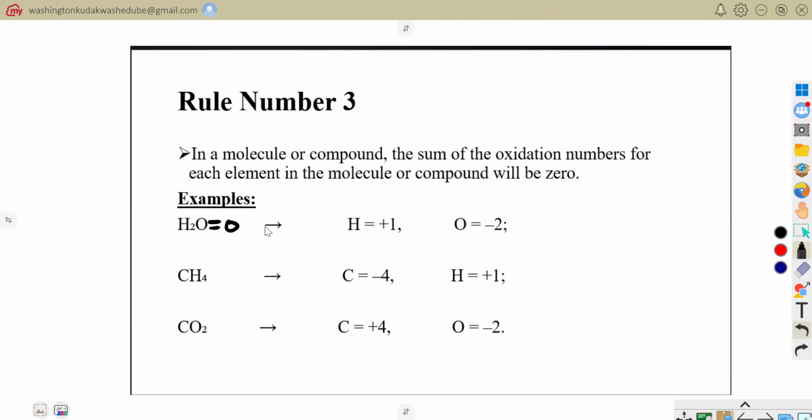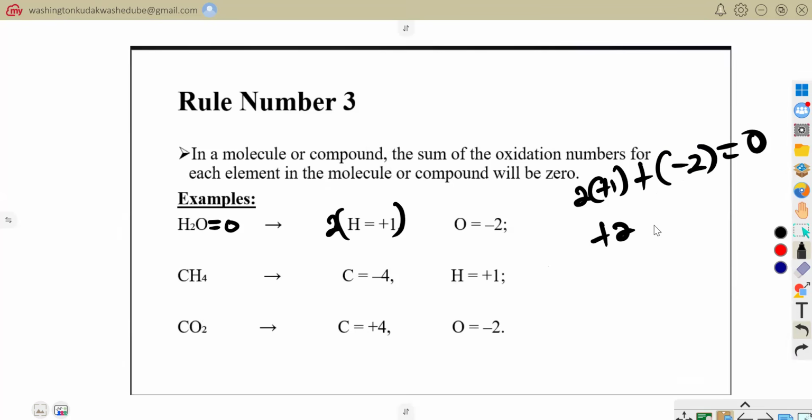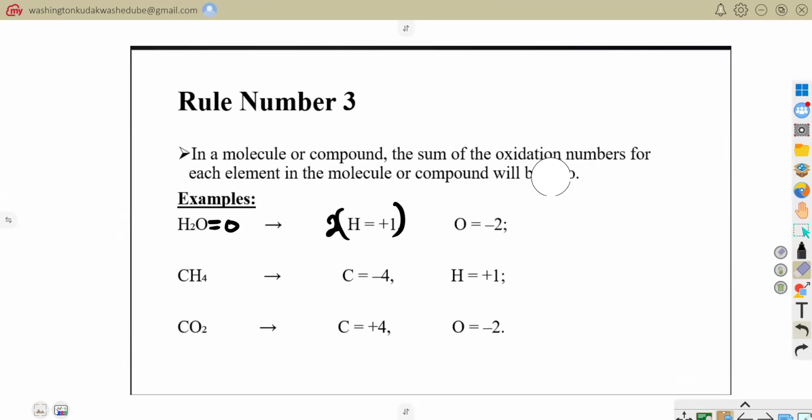Because we have two hydrogens, we say 2 times positive 1. So when we add 2 times positive 1 plus a negative 2, they are supposed to be equal to 0. You can see this is positive 2 minus 2, which is actually equal to 0. That is what rule number 3 is saying.